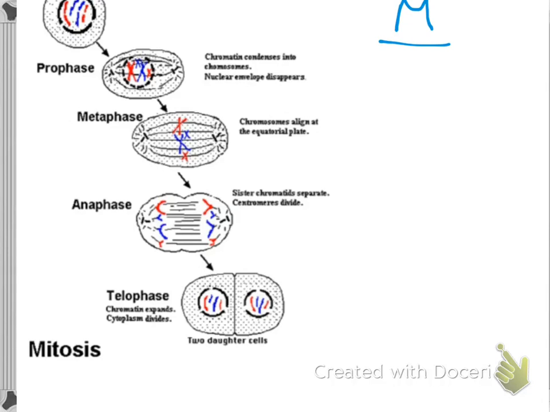And what happens is that DNA in its non-replicating form is chromatin. It looks like spaghetti strings, and it has histone proteins attached to it that make it loose and uncoiled. When a cell is going to get ready for mitosis, the DNA condenses and coils, and it becomes visible structures, which we know as chromosomes.